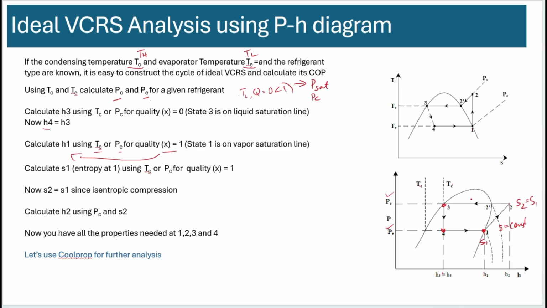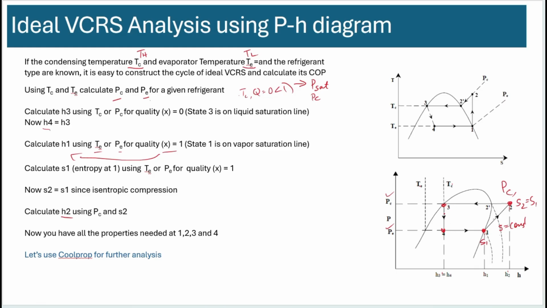And you also know the pressure here, so you can calculate the H2 at this point using the pressure here, which is PC. PC is here. So now you know this point too.